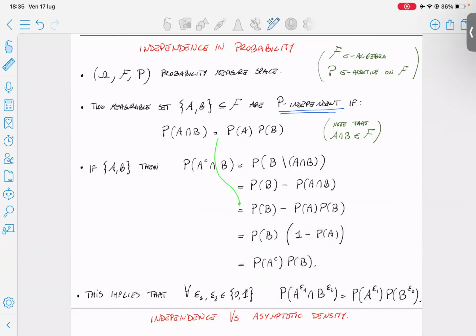Even if this is a simple exercise, it recalls the classical definition of independent family of naturals.